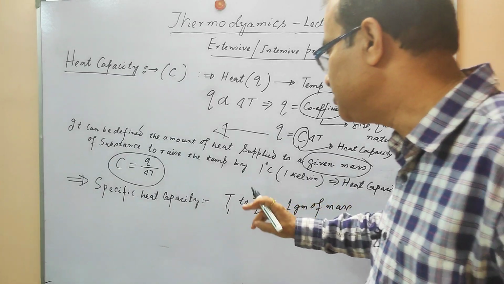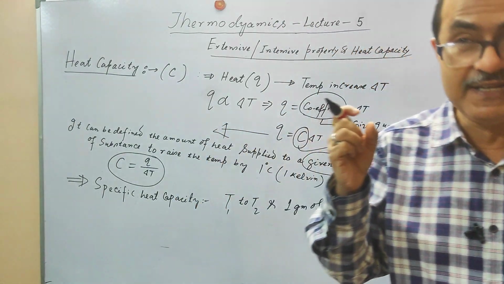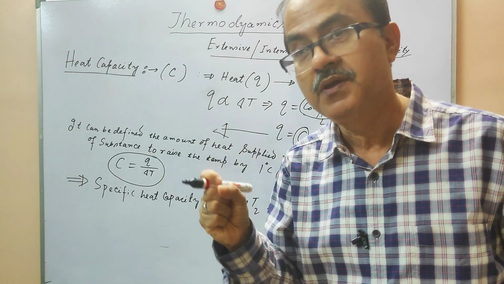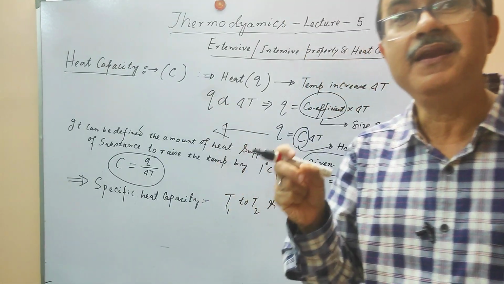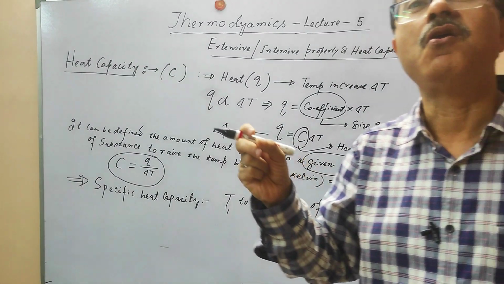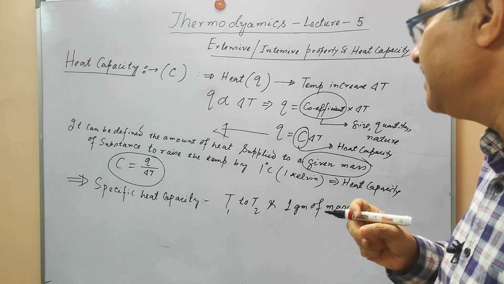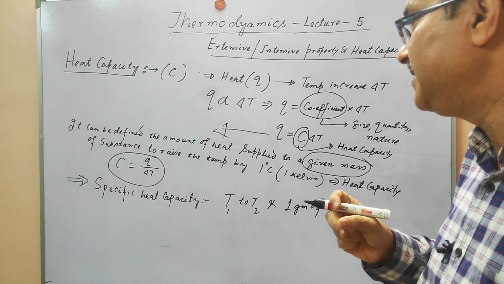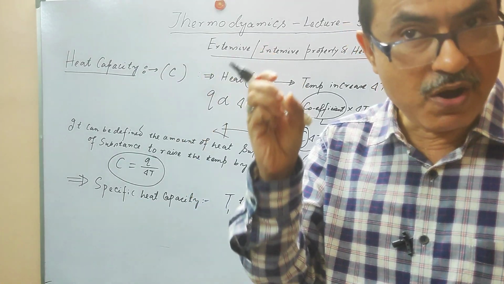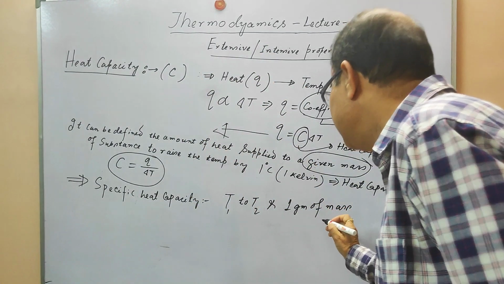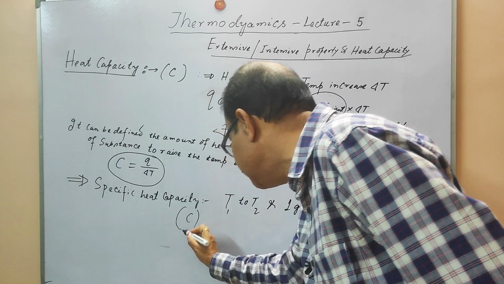So you understand what is specific heat capacity? It is the amount of heat absorbed by the system which has 1 gram mass, when the increase of the temperature is 1 degree Celsius or 1 Kelvin. Suppose the mass of the substance is M, and the specific heat capacity is represented by small c.